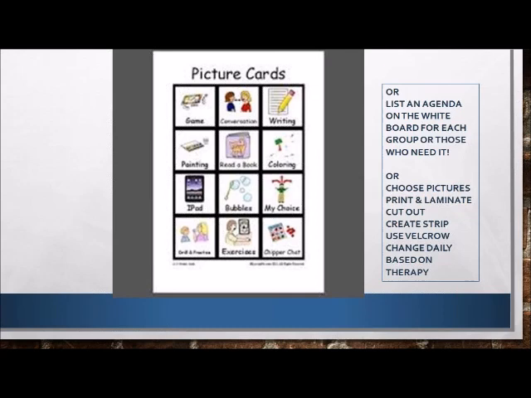Okay, then so using activity schedules or visual schedules, there are so many different ways we can use them, and I bet many of you do already, but maybe going beyond using them just for kids with autism, but kids with executive function type behaviors.